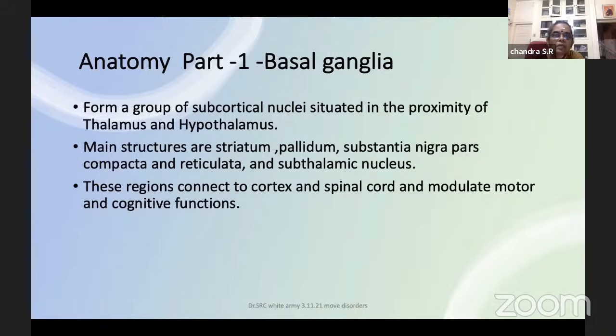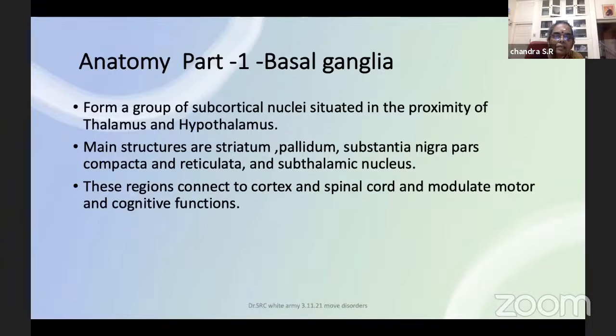And what is basal ganglia? It forms a group of subcortical nuclei situated in the proximity of the thalamus and hypothalamus. That all of us know. So that is why it is called basal ganglia. The main structures include the striatum, pallidum, substantia nigra, pars compacta, pars reticulata, and subthalamic nucleus. Striatum is caudate nucleus and putamen, pallidum is globus pallidus, we know all those things.